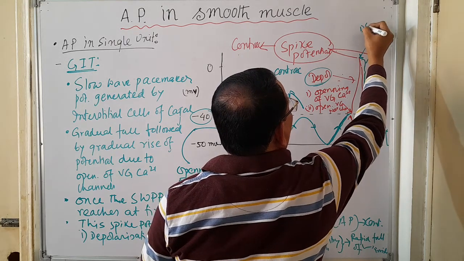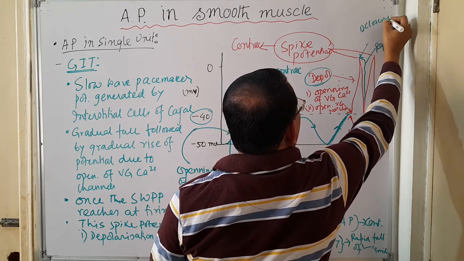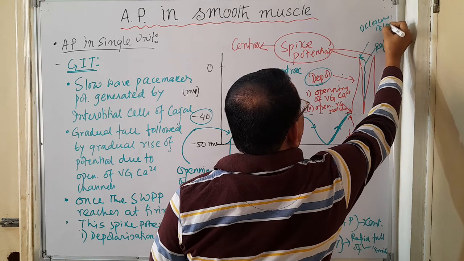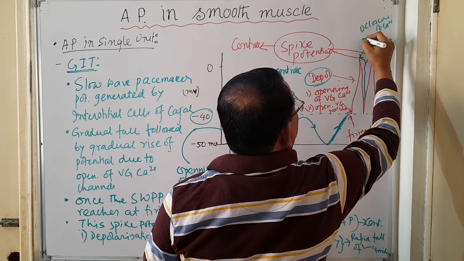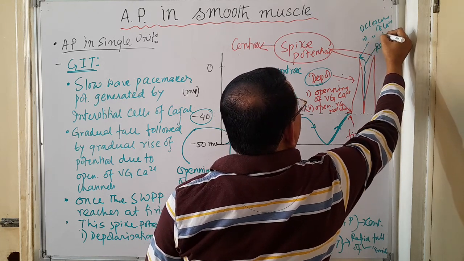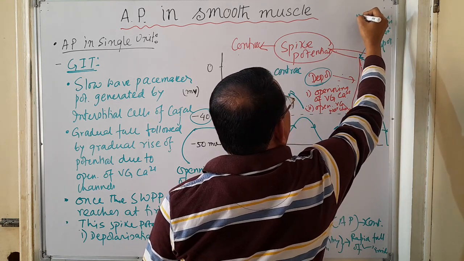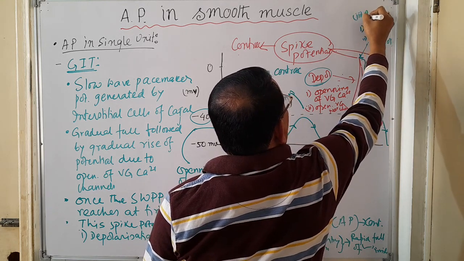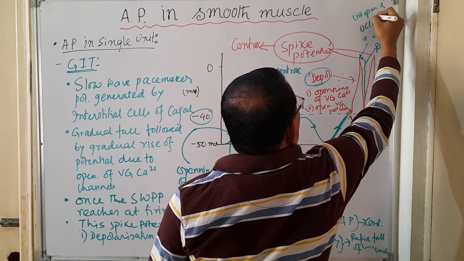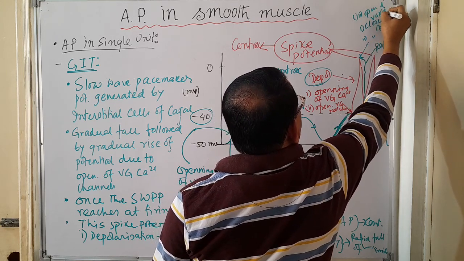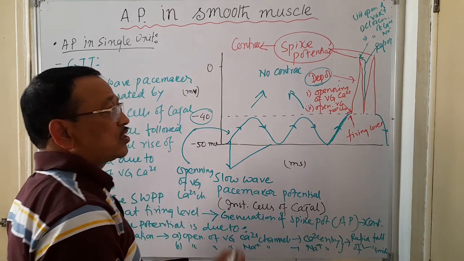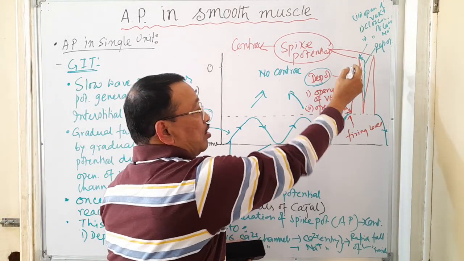There is a closure of calcium channels, there is a closure of sodium channels, plus there is an opening of voltage gated potassium channels. So three things are happening here.